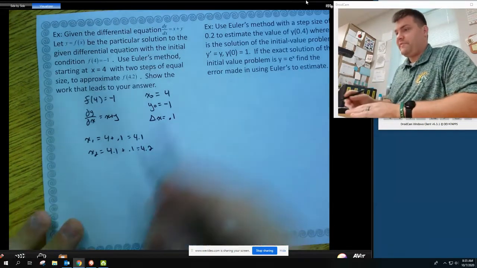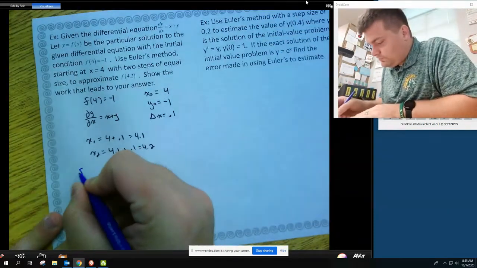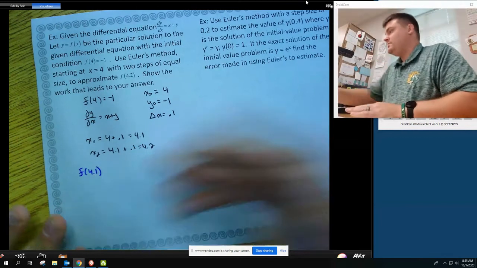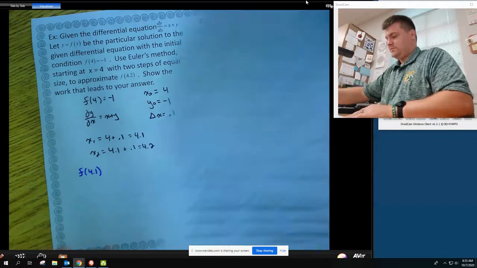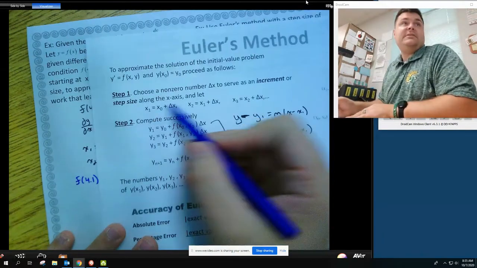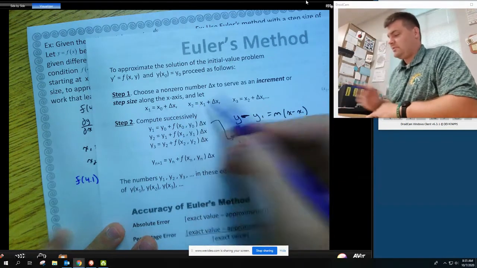Okay, so to find f of 4.1, I'm going to come back to this. In step 1, I found x1 and x2 by taking my initial x and adding my increment, then doing the same thing to the previous one.